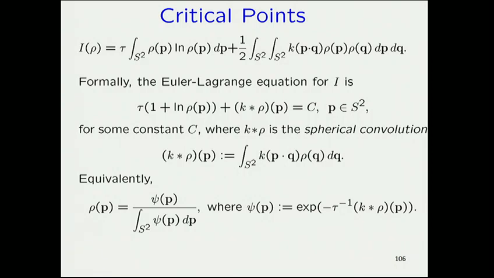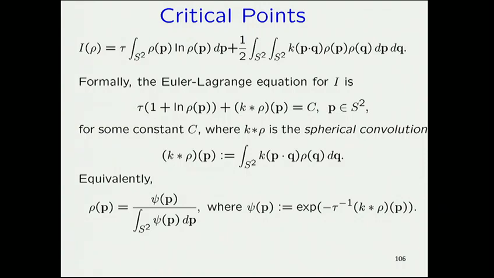So this formally is the Euler-Lagrange equation for p in the sphere, and so you can integrate it up, right? You write log rho is equal to the rest of it, and so rho of p is going to be the exponential of minus 1 over tau k star rho, and of course the integral of rho has got to be 1, which is going to determine what this constant is, and so you've got to divide by the integral of that.